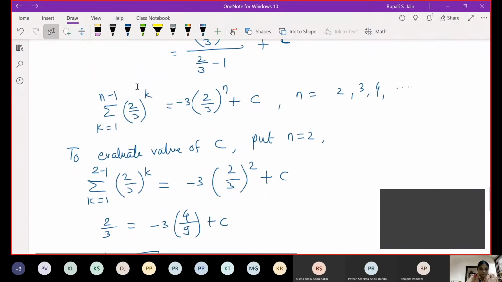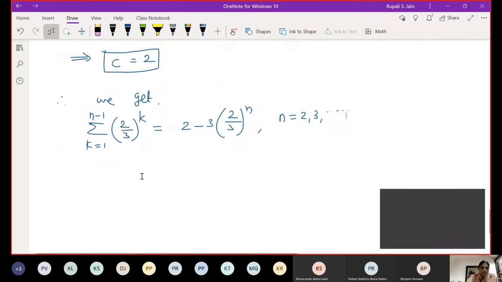Is that okay? So c I got as 2. So 2 minus 3, 2 by 3 raised to n, that is my finite sum. Is that clear? Yes, ma'am.